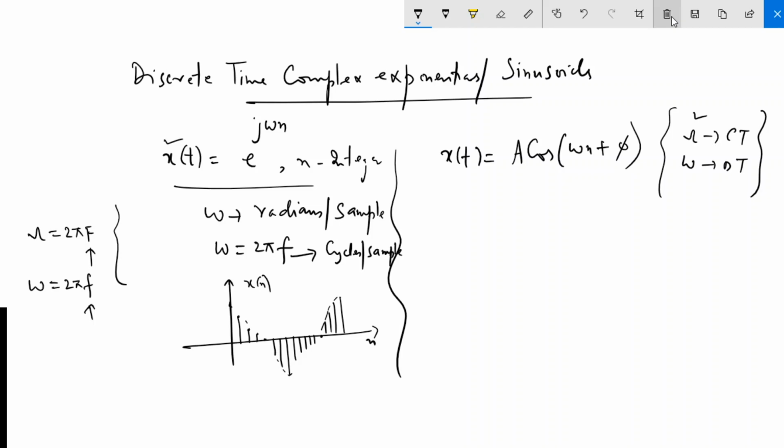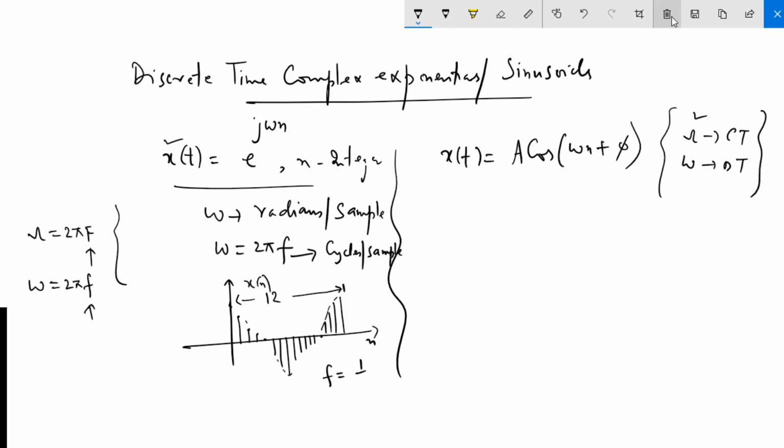Now this is one cycle. Let us suppose you have 12 samples in one cycle, in one time period. So what will be the frequency?